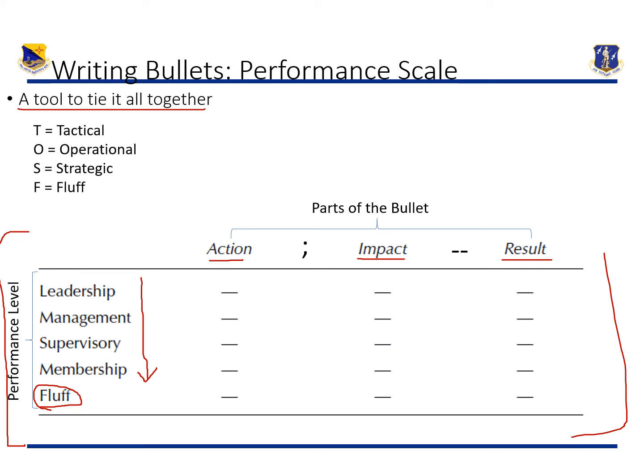It's basically bullet information that provides no important facts or does not substantiate anything in the bullet. It basically serves no purpose. As we go through these traps, we're going to grade the action, impact, result, and assess at what leadership or performance level it's going to be, to ultimately come up with maybe a score of 0 to 2.